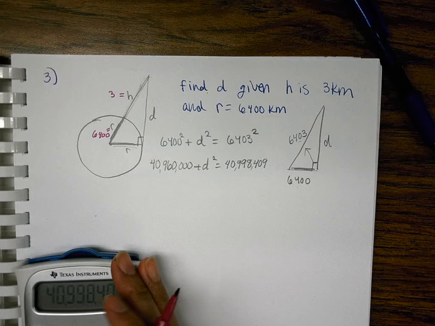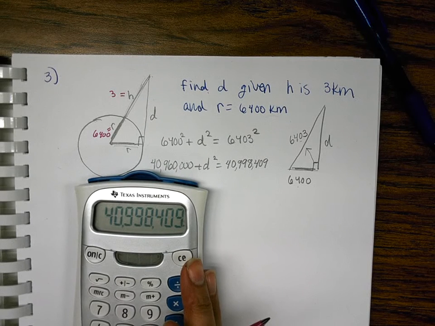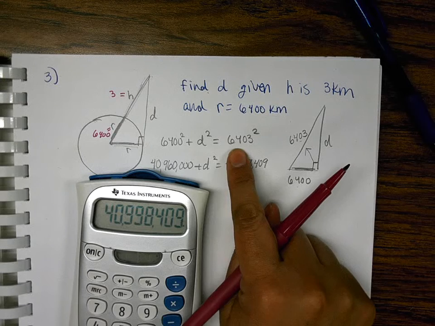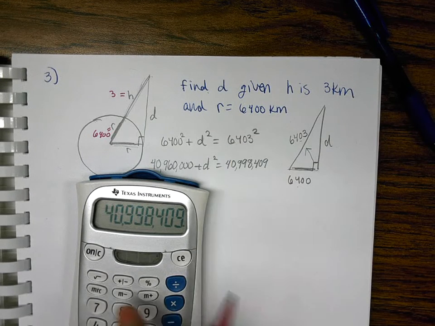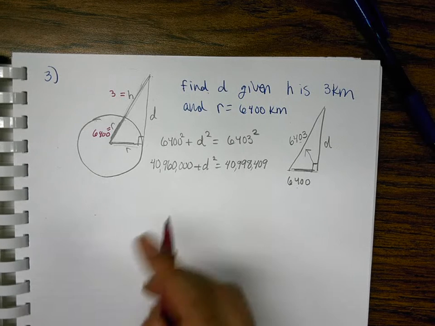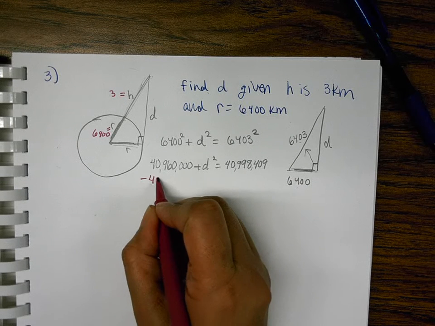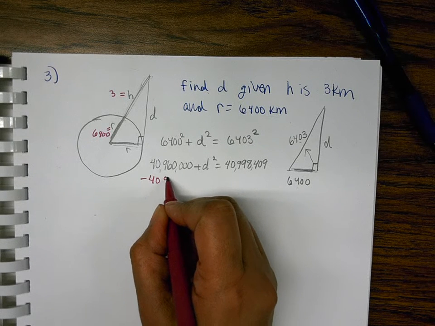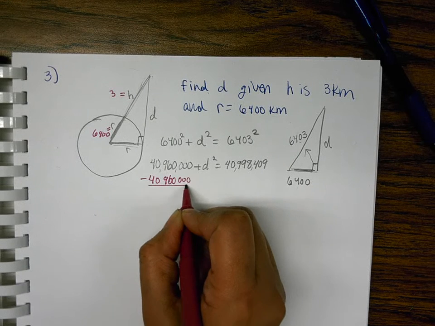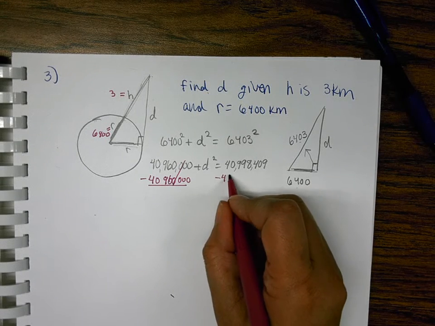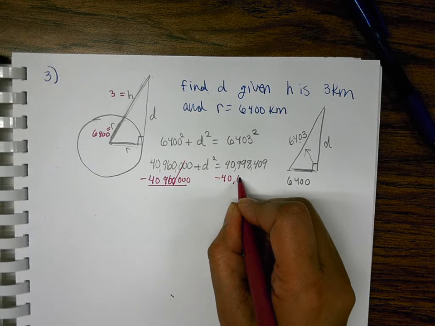All right. We want to get D squared by itself, so I'm going to leave this number in your calculator. Do not clear it. If you've already cleared it, just put it back in quickly. 6,403 times 6,403. Leave it in your calculator. Put it off to the side. Take away 40,960,000.